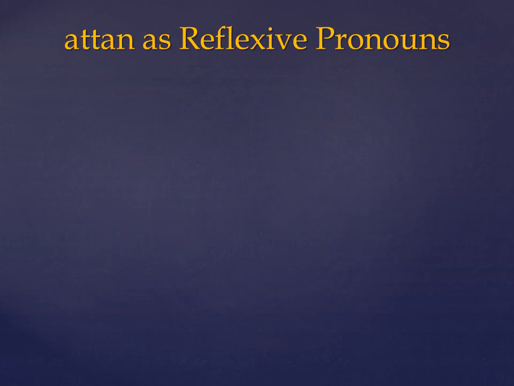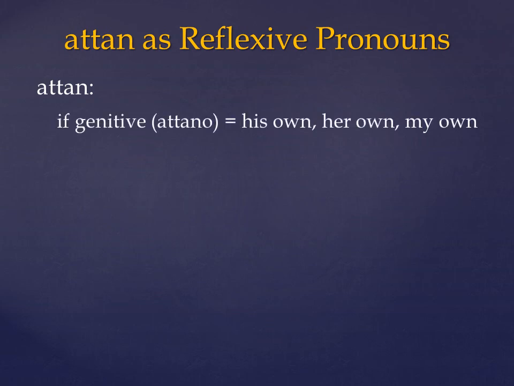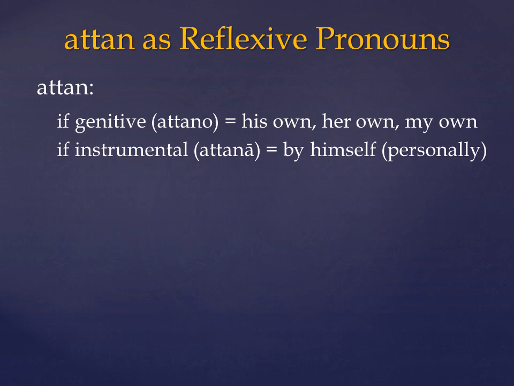Now, if we briefly look at the oblique cases of atta, we know that the genitive case indicates possession, so literally atta in the genitive would mean of himself, but we can render this his own or her own or my own, depending on the person and the number of the verb. Also, atta in the instrumental case literally means by or with himself, and can sometimes mean himself personally.